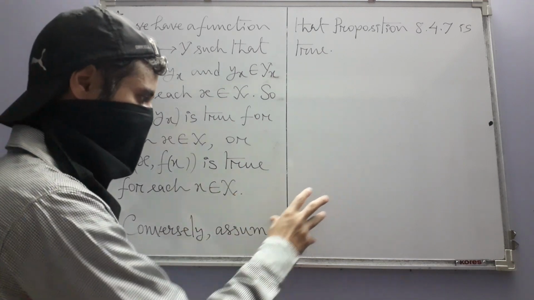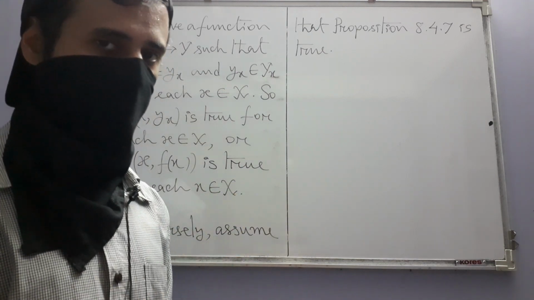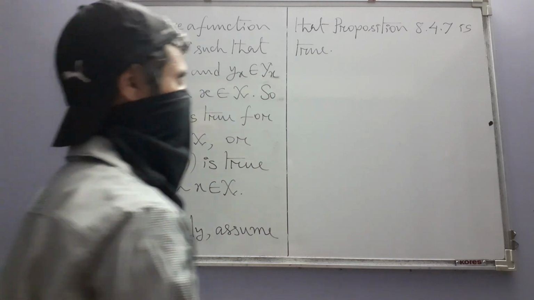So we have to first of all gather the ingredients for the axiom of choice. Let's see the hypothesis.